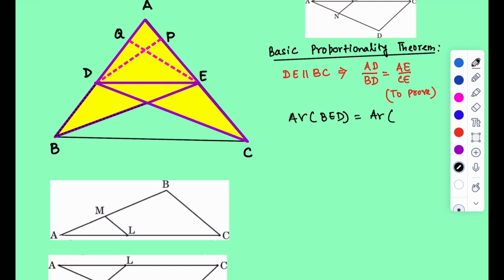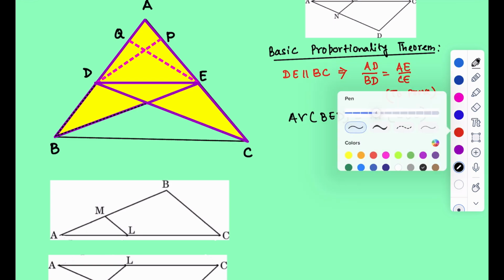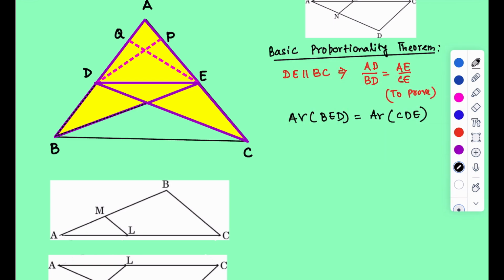Now from this concept we will write that area of BDE will be equal to the area of CDE. You see here, the two parallel lines are DE and BC, and both triangles have the same base. If we take DE as the base, then DE is the base of both triangle BDE and triangle DCE.